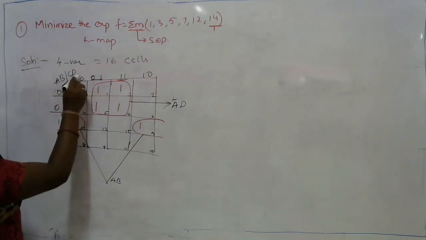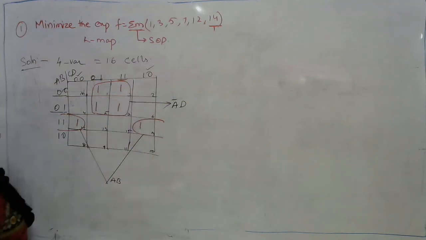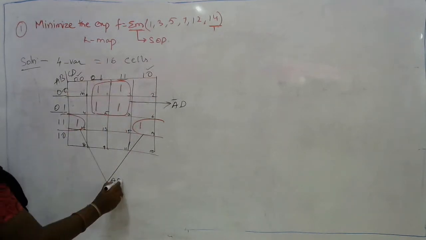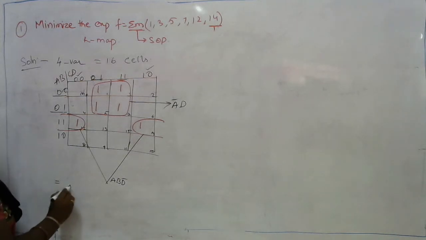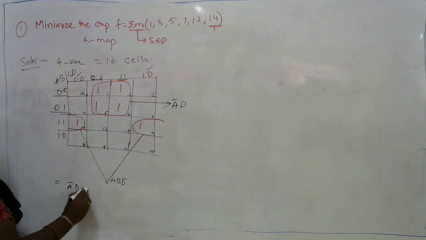The first column is 0, 0 and the fourth column is 1, 0. So the first variable is in opposite, so c will be cancelled out. So the leftover is d. Under d, as it is having 0, it is nothing but d bar. So the simplified expression for this is a bar d plus a b d bar.